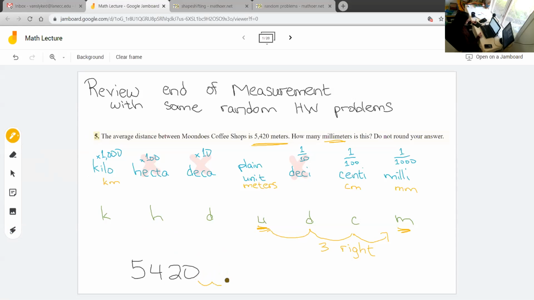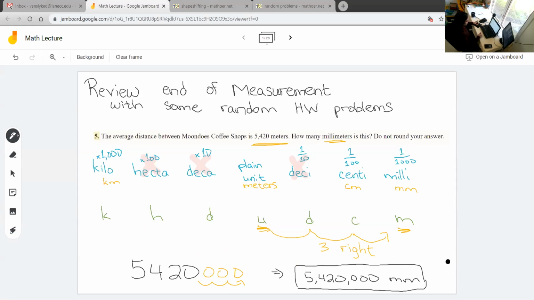So if I scoot 3 to the right, then I have to add 3 zeros. So I wind up with 5,420,000 millimeters. So that's the teacher lecturing, writing way too much version of this problem.